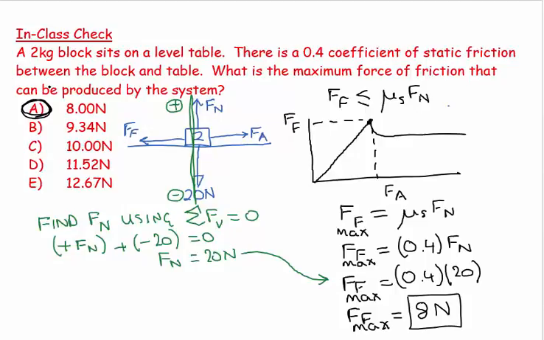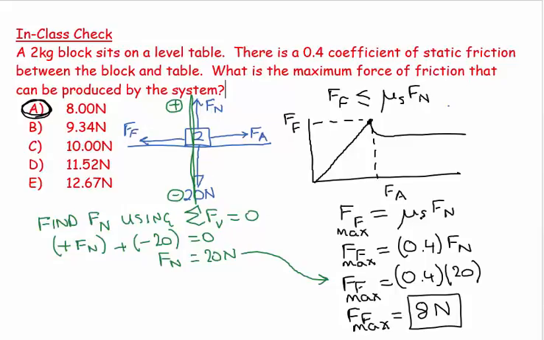So let's review. As usual, we visualized and we made sure that we had all of the forces on our system. And then we selected the relationship that we wanted. We thought about it because it asked for the maximum value. So we tried to determine when do we use the less than and when do we use the equal to. And then we substituted in what we knew.